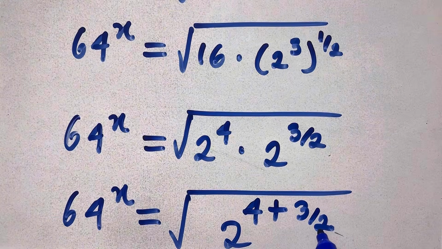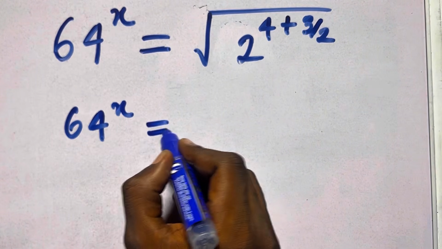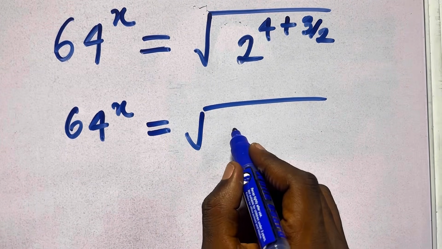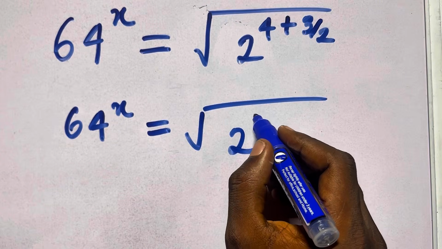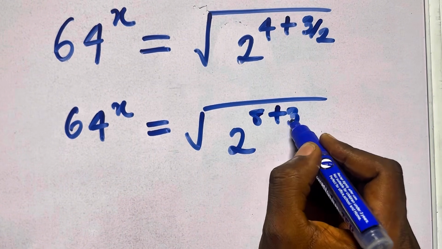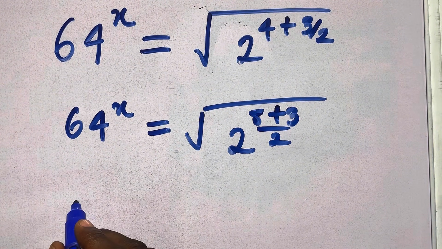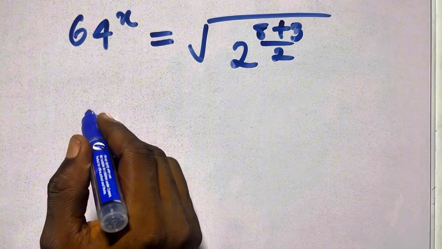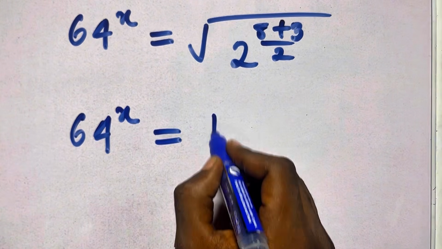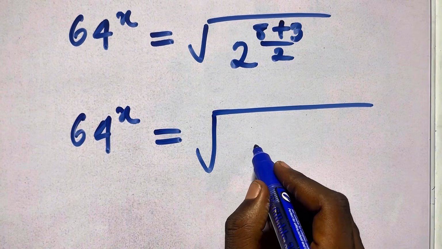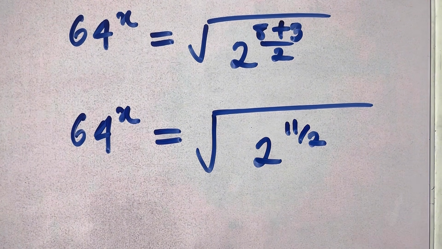Alright, let's simplify this further. We have 64 raised to power x equals square root of 2 raised to power, if you simplify this, 8 plus 3, everything divided by 2. Therefore, we have 64 raised to power x equals square root of 2 raised to power 11 over 2.